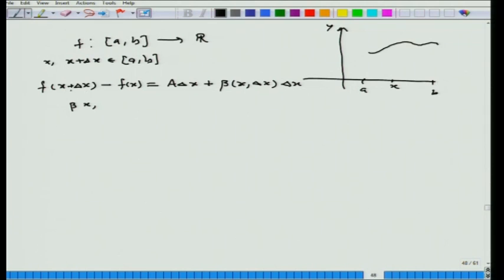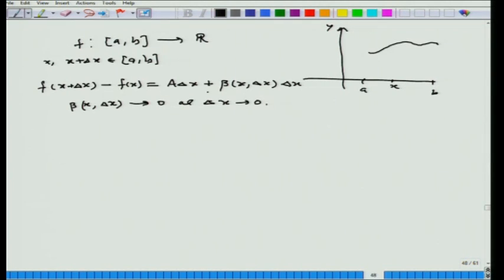So, f is differentiable if and only if the following holds, that f of x plus delta x minus f of x is A times delta x, where A is a constant here, not a function of x or delta x, plus this term beta of x comma delta x times delta x. Here this beta tends to 0 as delta x tends to 0.